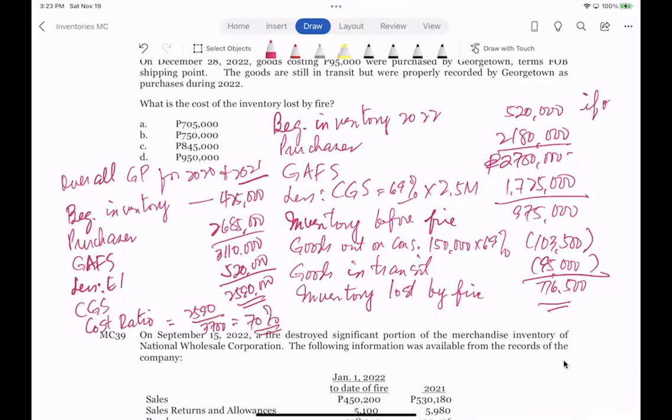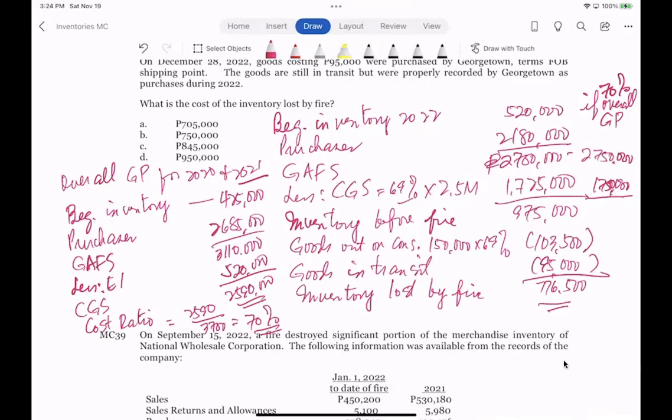So if we are to use overall GP here, then your cost of goods sold will be 70% of sales for the year 2022, which is 2,500,000. So that's 1,750,000. So we have 2,750 minus 1,750.